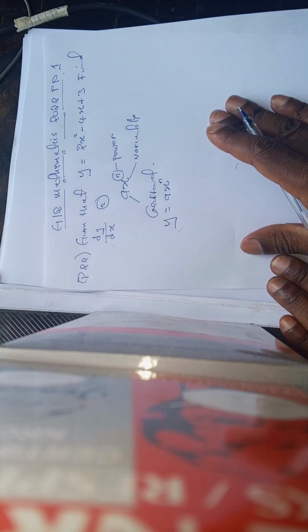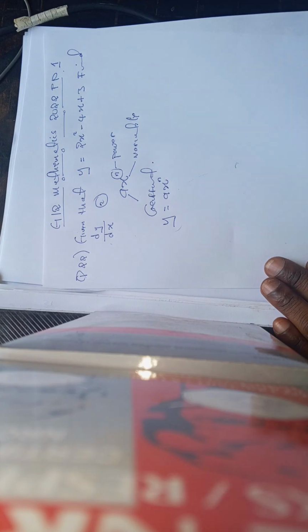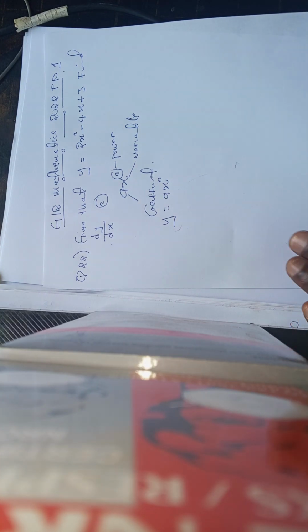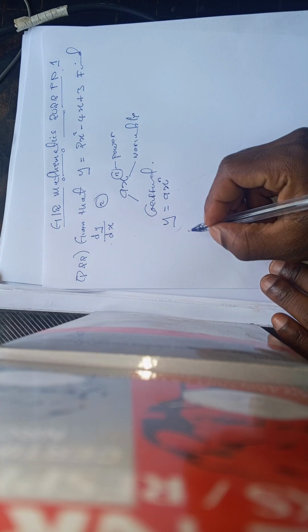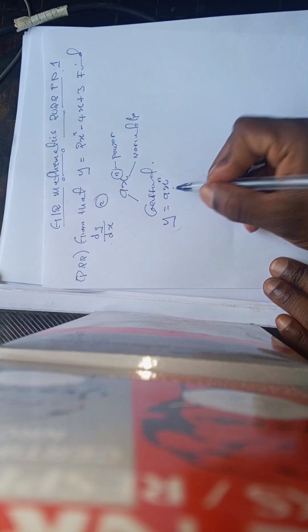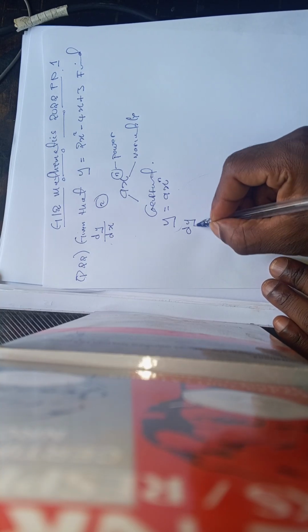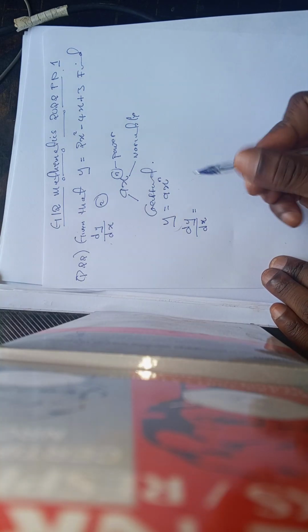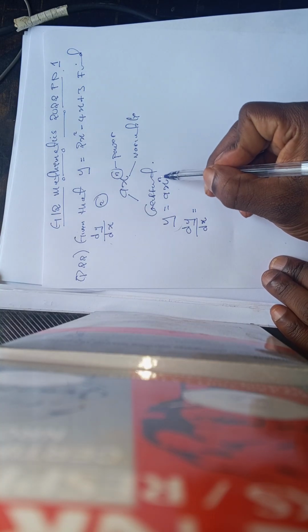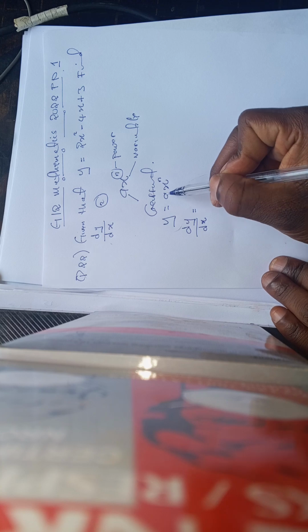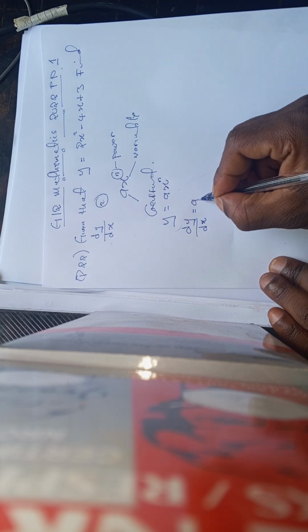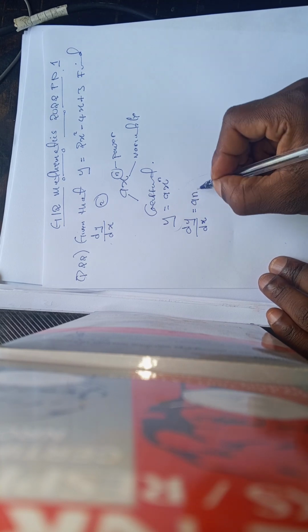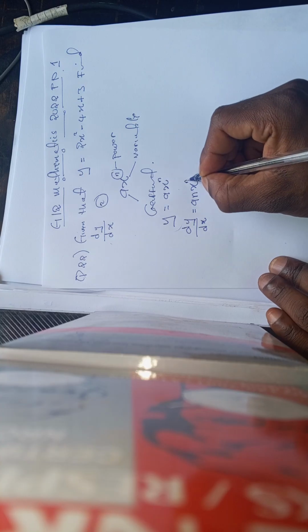Then you say dy over dx is equal to, you multiply by the power: n times a, or a times n. Then the variable comes the way it is, raised to the power n.